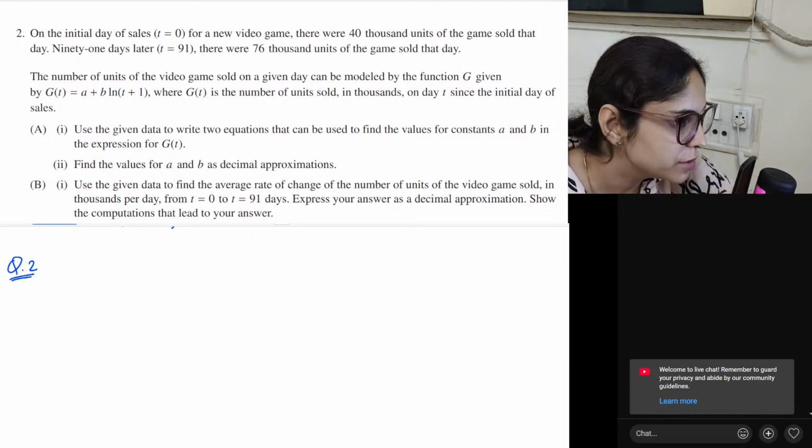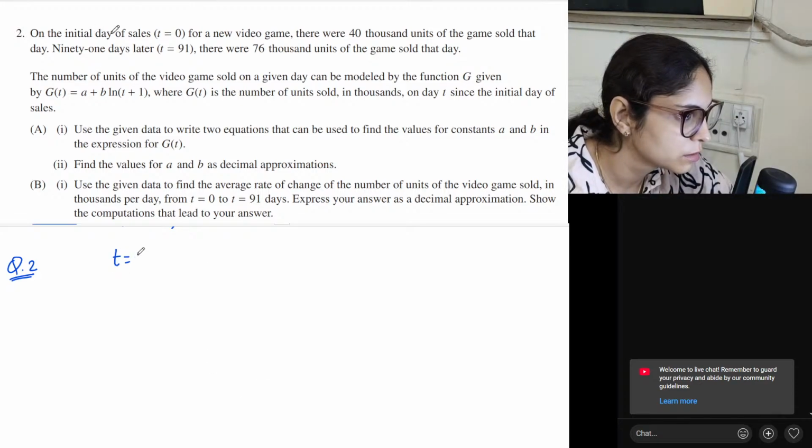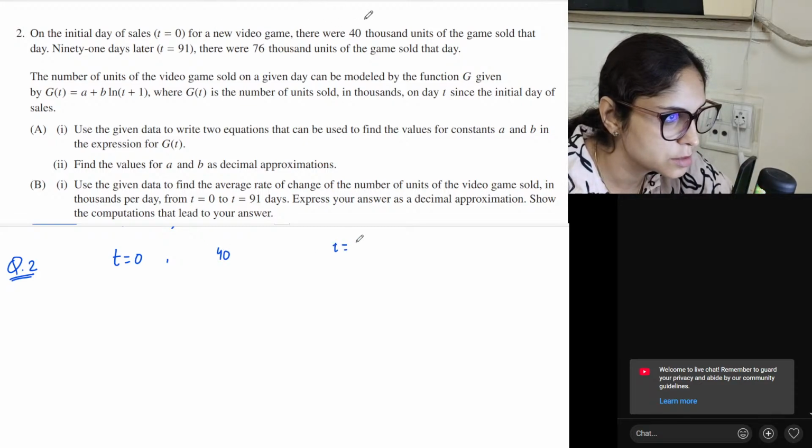So I will write this down. At t is equal to 0, there are 40,000, and t is equal to 91, it is 76.